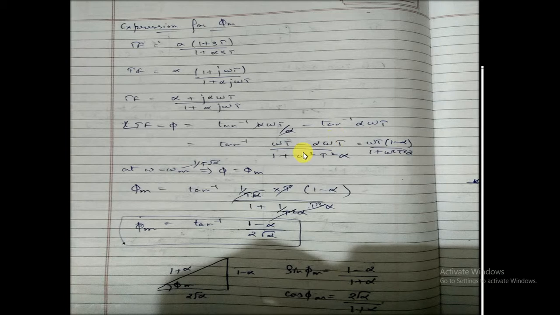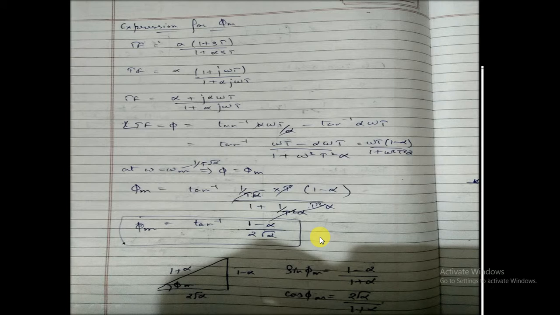After that we take the angle in the form of tan inverse, and after solving these equations, we know that at omega equal to omega m only maximum phase occurs. So at omega equal to omega m we put the value of omega m, that is 1 by T under root of alpha, which we just calculated, and putting it here, phi m will be tan inverse of (1 minus alpha) by 2 under root alpha.